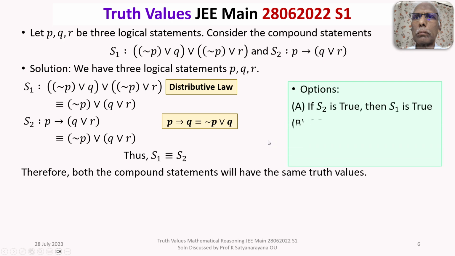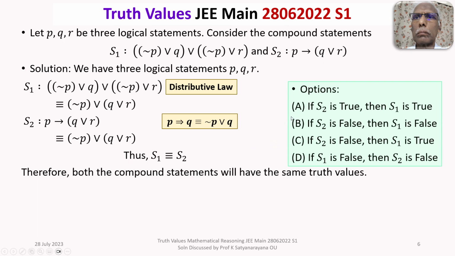Let's look at our options. Option A says if S2 is true, S1 is also true because they are equivalent, they are identically equal. And B, A, D, they have the same truth values. Therefore, they are true. But we have to identify that statement which is not true.